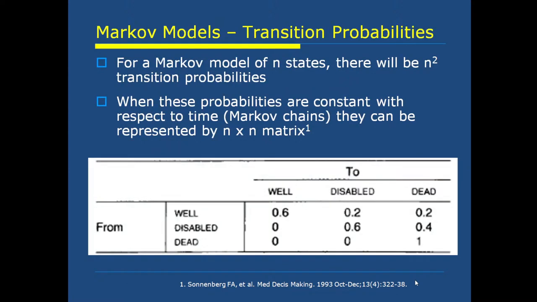For a Markov model of n states, there will be n squared transition probabilities. When these probabilities are constant with respect to time, it is called a Markov chain. They can be represented by an n by n matrix, and in this slide you see this matrix with different values for all the possible probabilities.